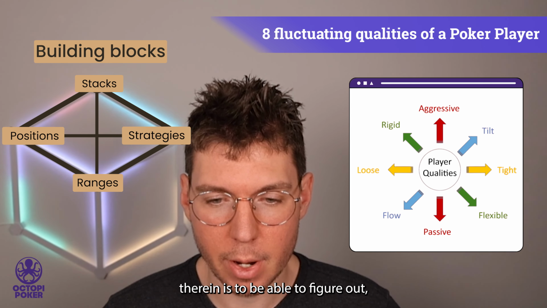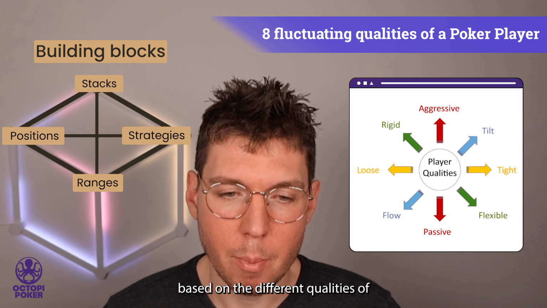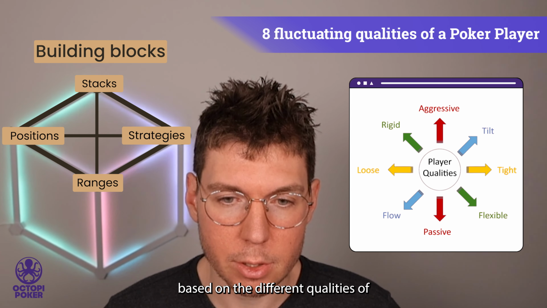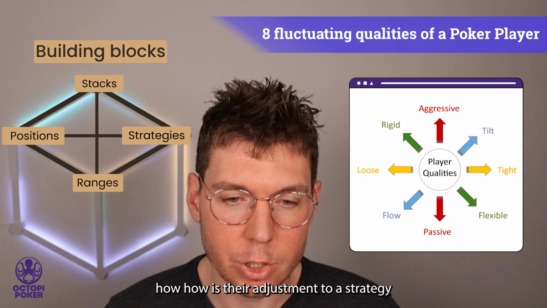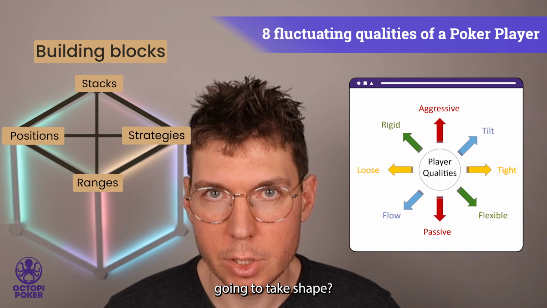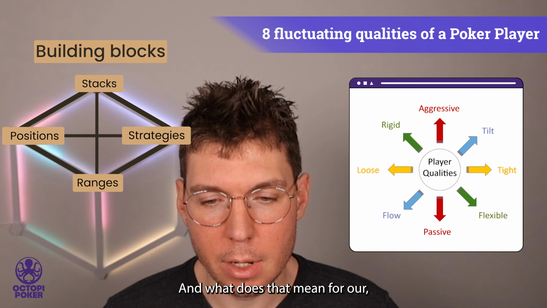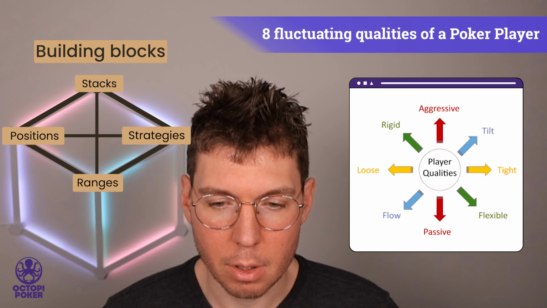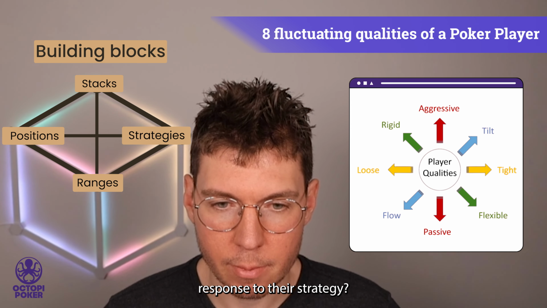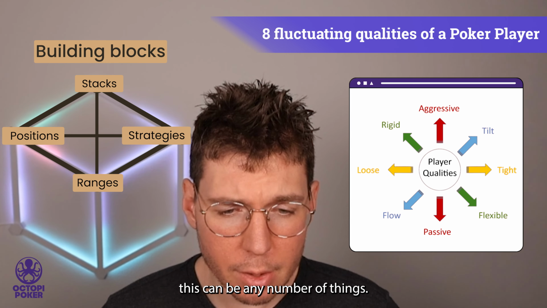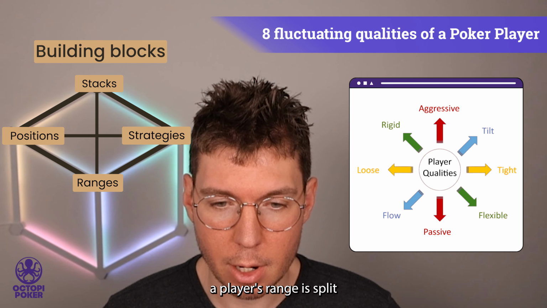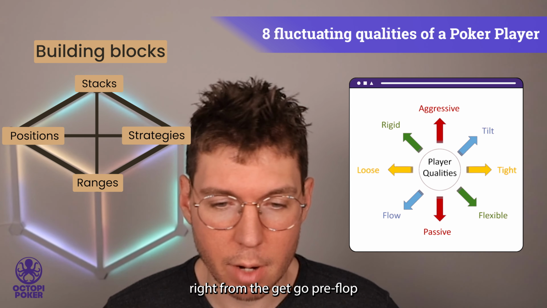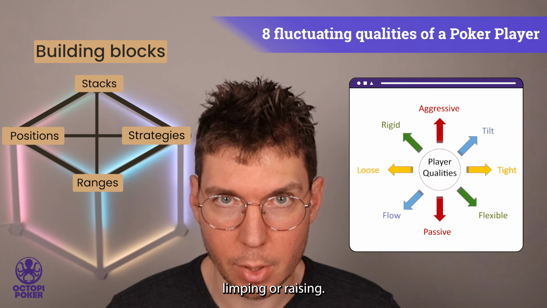So the goal therein is to be able to figure out, based on the different qualities of a player, how is their adjustment to a strategy going to take shape, and what does that mean for our response to their strategy? And this can be any number of things. It can be understanding that a player's range is split right from the get-go pre-flop because they're either limping or raising.